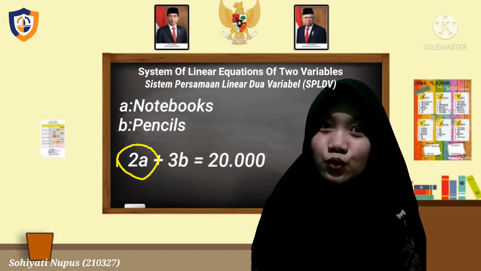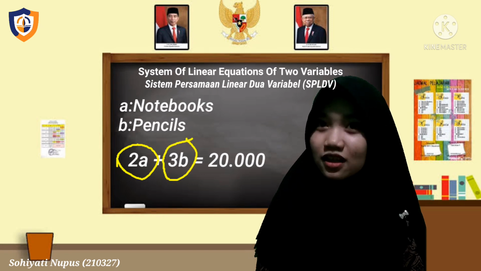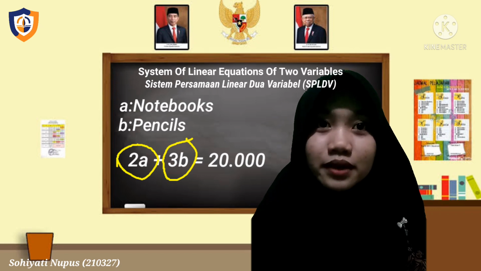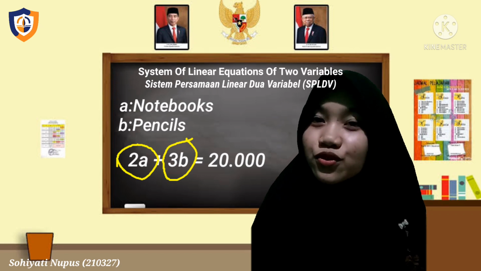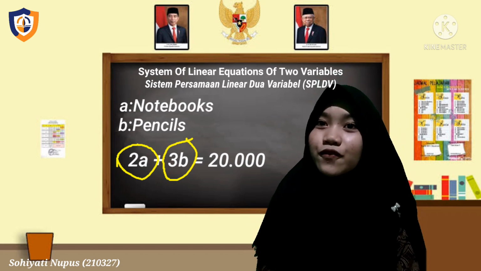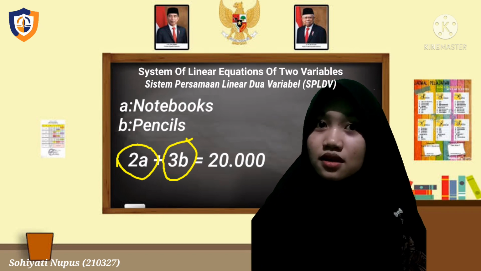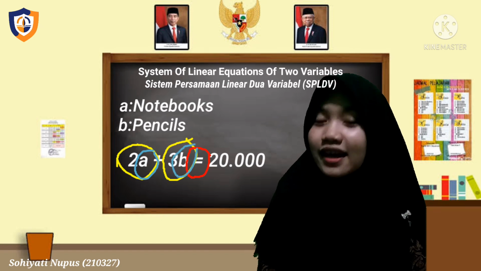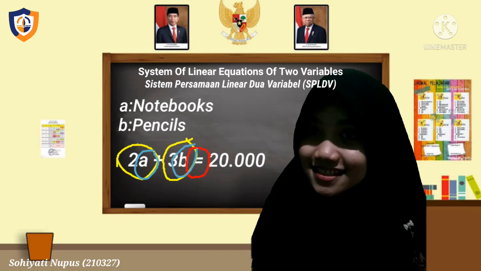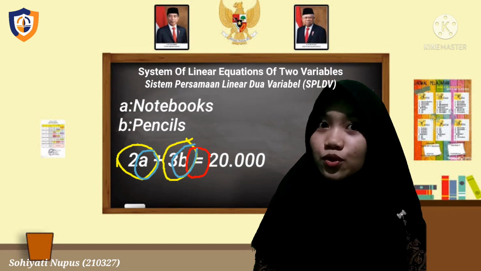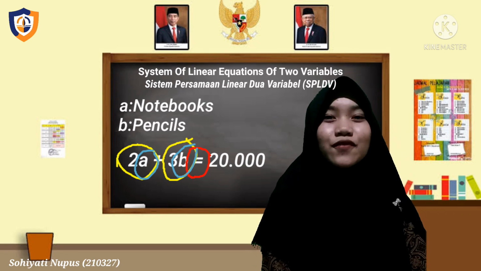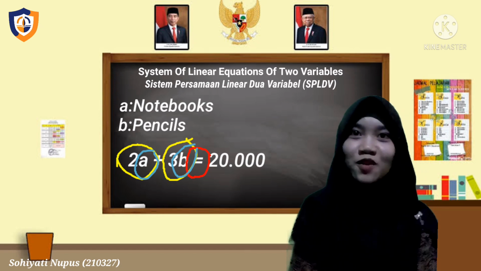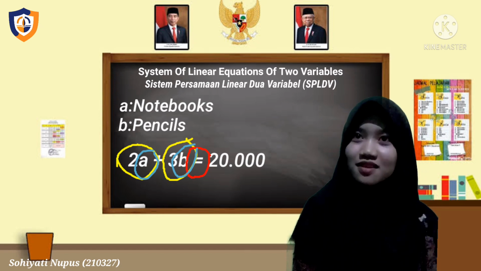Andi buys 2 notebooks and 3 pencils, so this equation is a linear equation of two variables, formed with an equals sign, has two variables a and b, each to the power of 1. Thus, the explanation of the linear equation of two variables.